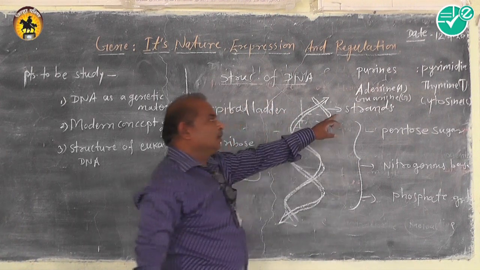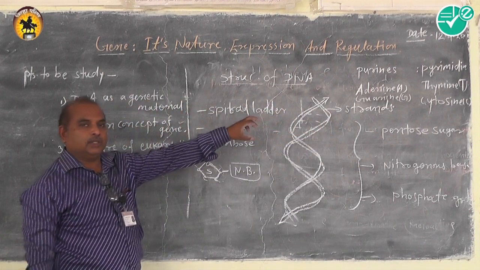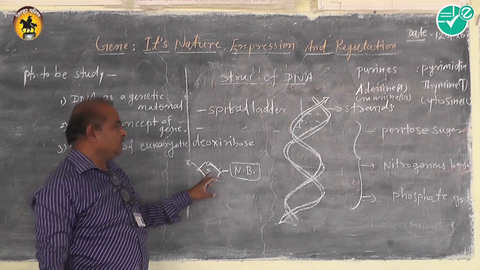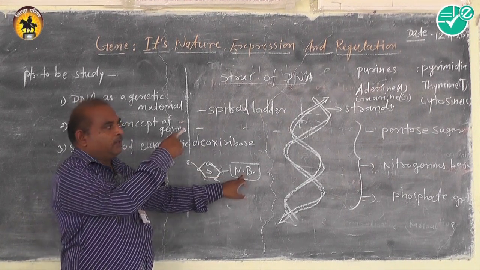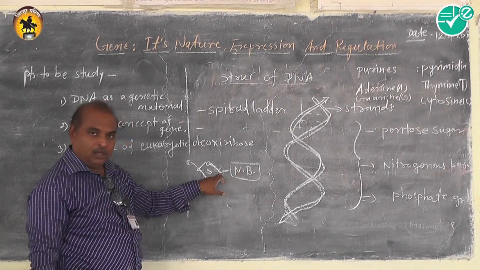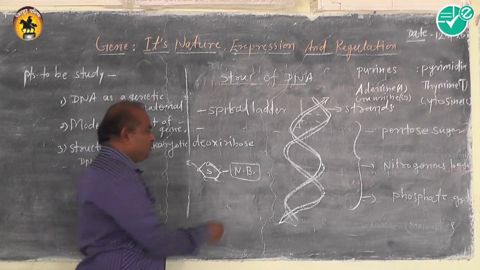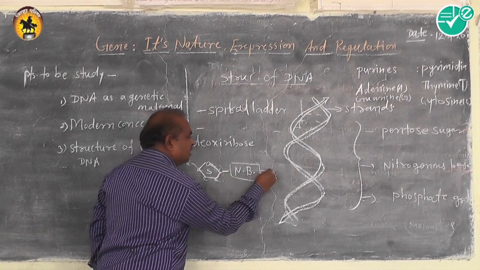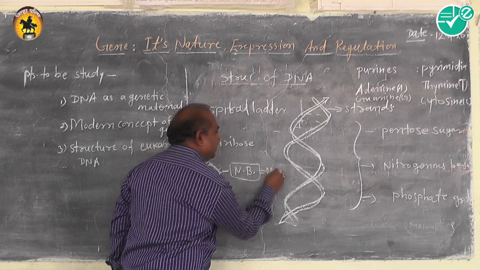Now, out of these 4 nitrogenous bases, 2 purines and 2 pyrimidines, any one nitrogenous base is attached to the first carbon of the pentose sugar, then this structure is called a nucleoside.